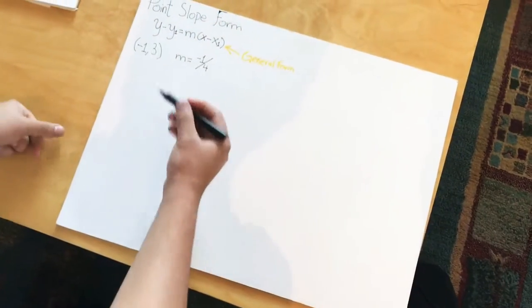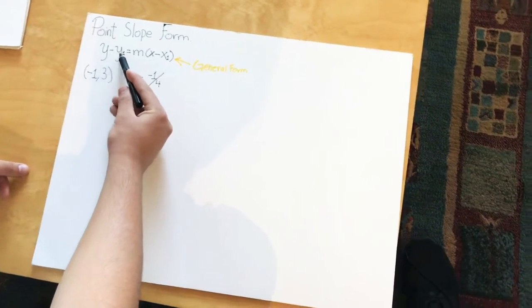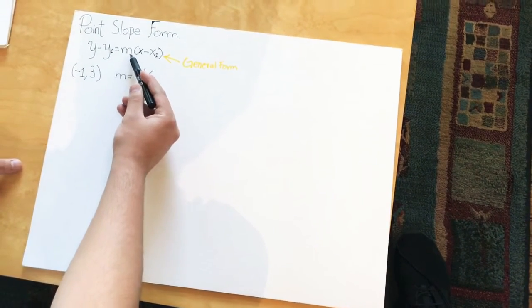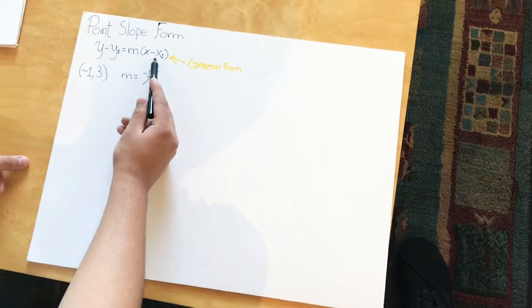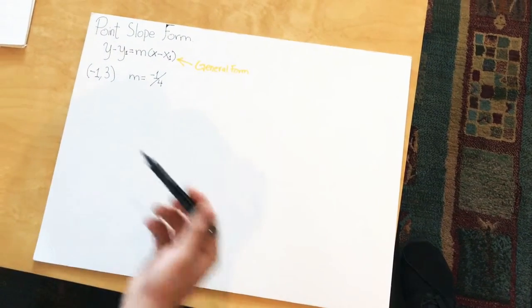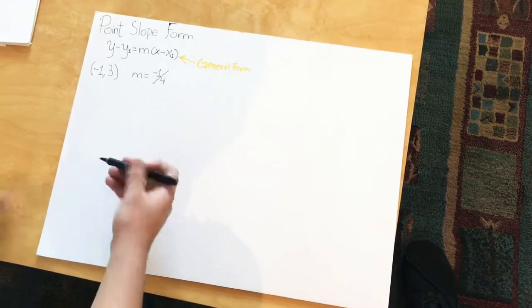Okay, this is the point-slope form. This is your general formula: y minus y1 equals m, which is the slope, in parentheses x minus x1. What you need to do is change the coordinates to the y1 and the x1, and put the slope here in the formula.